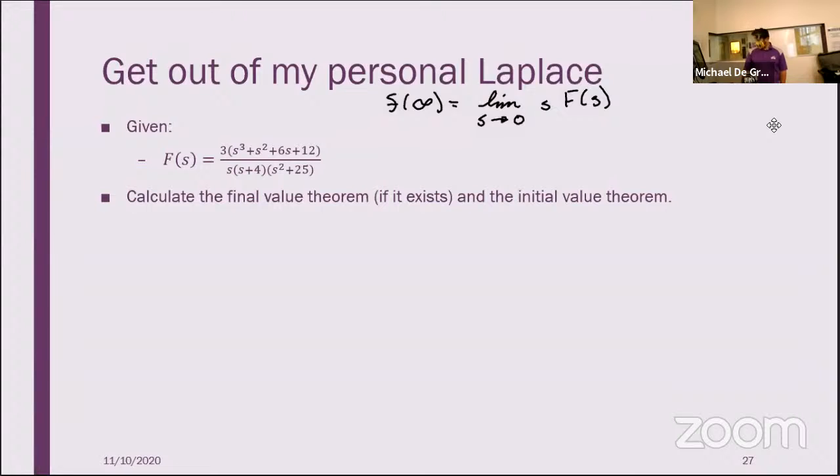All right, let me say something. We forgot to do one thing on the last problem. You should always check the roots first. Make sure you check the roots on this, because the final value theorem applies only if it exists.